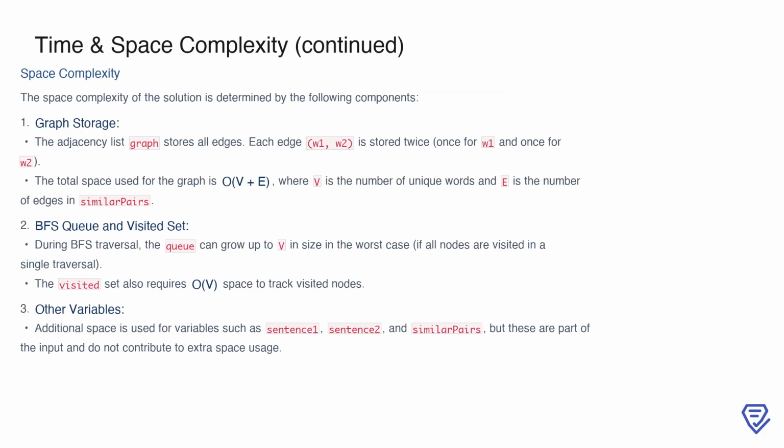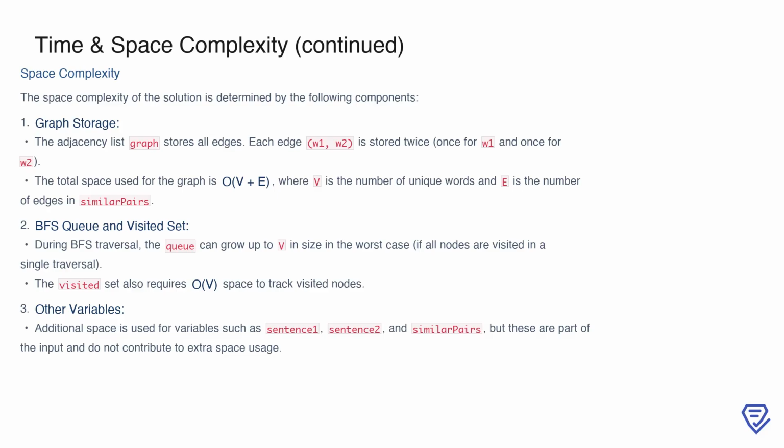Next, we analyze the space complexity of the solution, which is determined by several factors. First, we consider the adjacency list used to store the graph. Each edge, W1, W2, is stored twice, once for W1 and once for W2. This results in a total space usage of V plus E, where V is the number of unique words and E is the number of edges. Additionally, during BFS traversal, we use a queue to manage the nodes being visited and a set to track visited nodes.